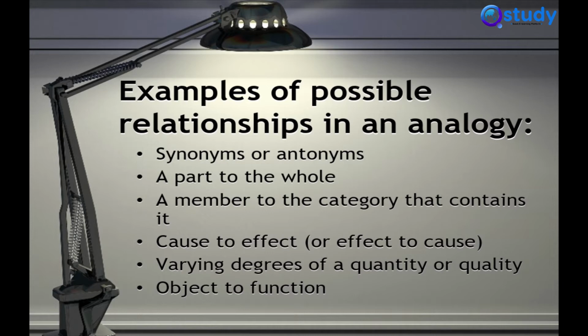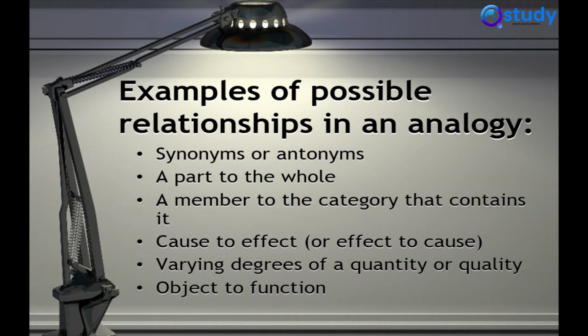Then next is a member to the category that contains it, like insect is to ant. So ant belongs to the category insect, so the member to the category that contains it. Then cause and effect, then varying degrees, like hot, hotter, hottest, that way it will be given.